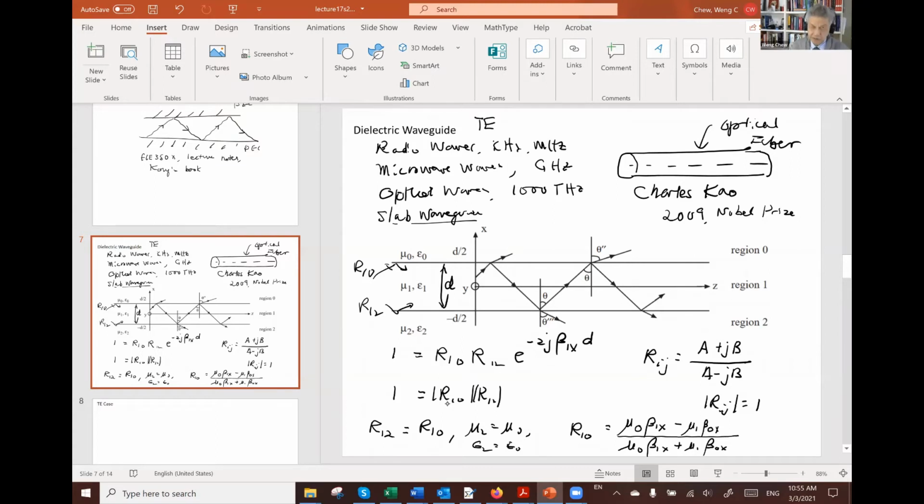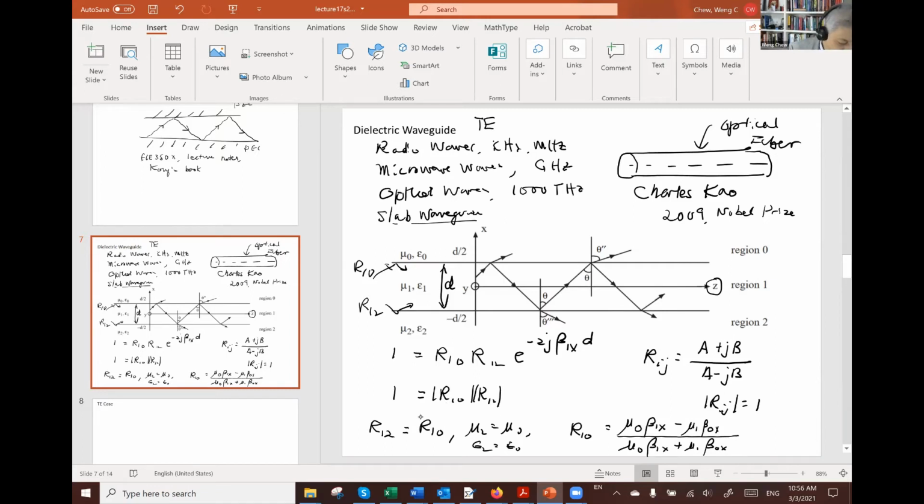Due to the convention that when we study waveguide, we assume that the direction of propagation of the wave is usually z. And because we have to adhere to convention, we change the definition of the Fresnel reflection coefficient by changing from z to x. Before that, when we derived this Fresnel reflection coefficient, the axis perpendicular to the interface is called the z-axis. Now it's called the x-axis.